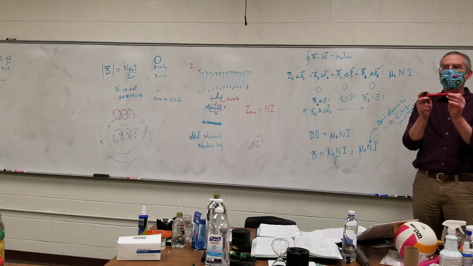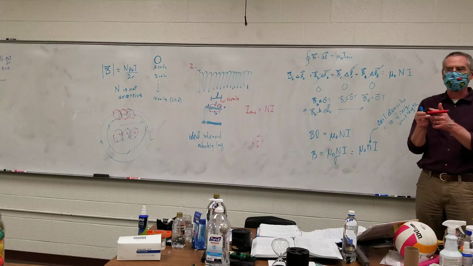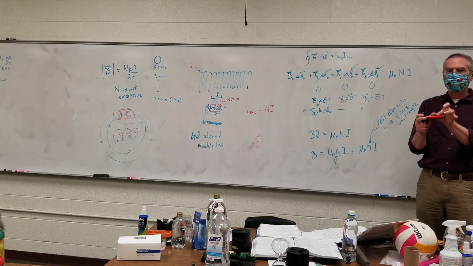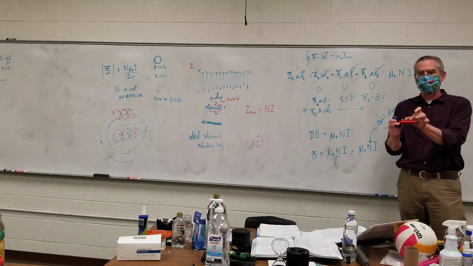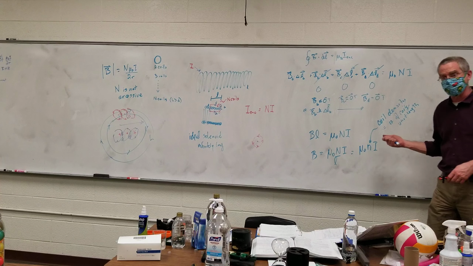So if I wanted to figure out what is the coil density of this, I don't actually have to count the total number of coils. All I have to do is take a segment of it and count how many coils there are within that particular length to get the coil density.